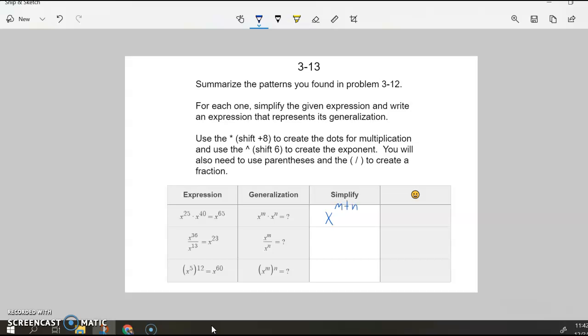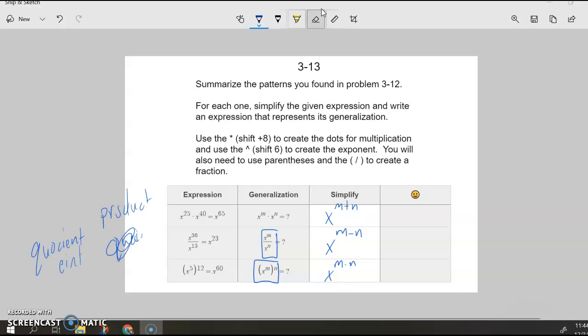So x to the m times x to the n is x to the m plus n. If I divide the same bases, we subtract the exponents, and when I take this power to the power, it's x to the m times n. So this is where you need to make sure you have these 3 rules down concretely.